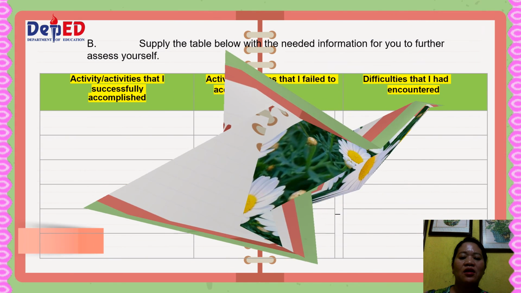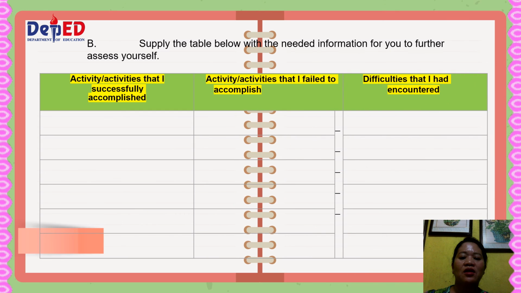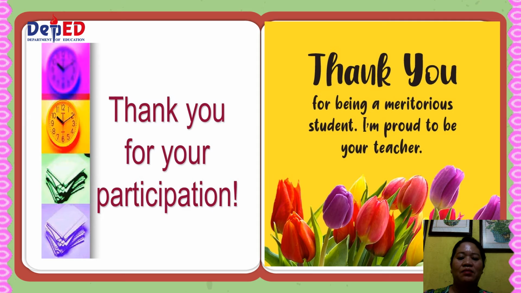Supply the table below with the needed information for you to further assess yourself. Congratulations! You have successfully finished our lesson for this week. In this module, you were able to determine the meaning of words by noting context clues.